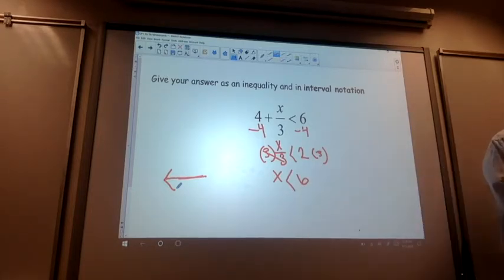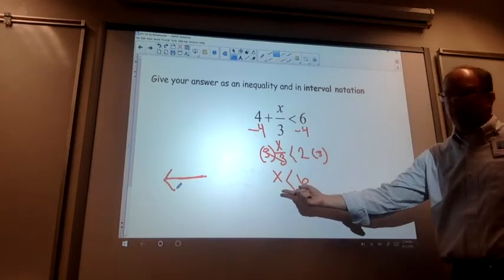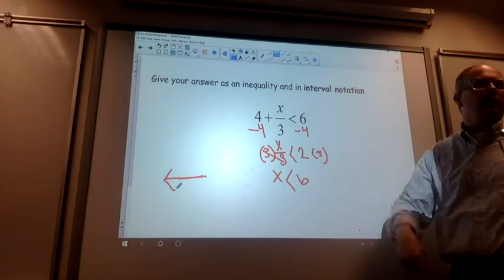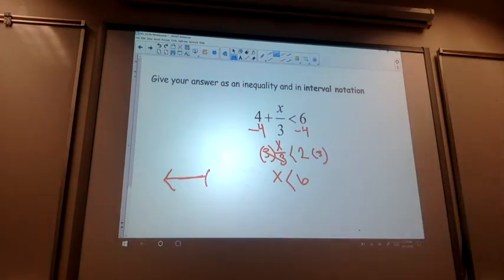So it's open if there's no equal sign. I definitely can tell it's an open dot, so put a 6 where that open dot is, just below it. And where's it going to the left? Infinity. Positive or negative? Negative, so put negative infinity to the left.